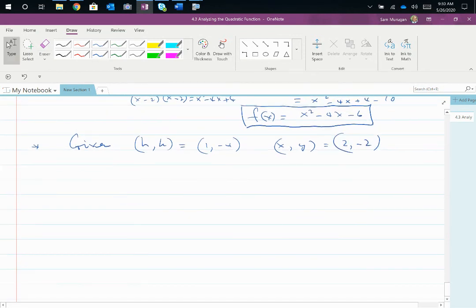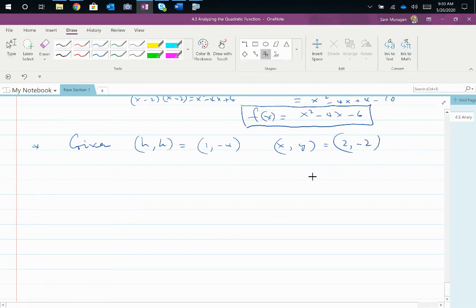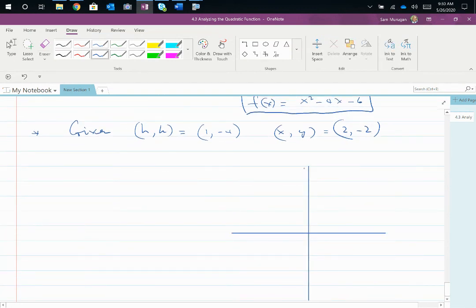So let's see if we can visualize this first. We've got a vertex at 1 and negative 4.